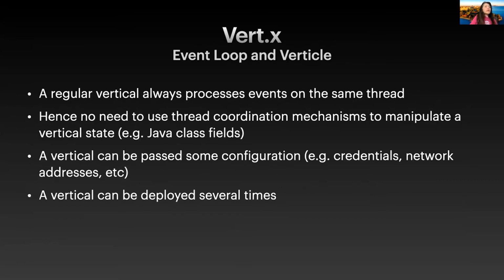Okay, and some words too about the event loop and verticle. A regular verticle always processes events on the same thread. And that's a nice thing too, when you use a reactive library. I actually got asked this question, people saying, well, why reactive? The thing is that before this new wave of reactive revolution, everything was simpler, life was simpler, but not as powerful. When we try to do multitasking, we have to deal with threads ourselves.